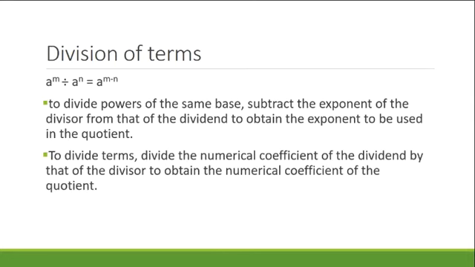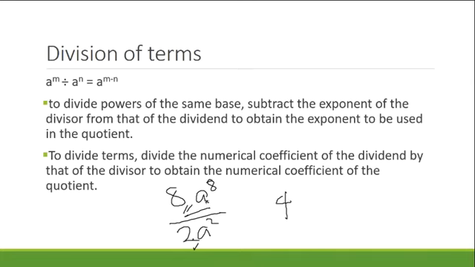Okay? So, to divide terms, divide the numerical coefficient of the dividend by that of the divisor to obtain the numerical coefficient of the quotient. Example, we have 8a raised to 8 divided by 2a raised to 2. So, una muna natin gagawin ay i-divide yung 8 sa 2 o yung numerical coefficient ng divisor at dividend. So, 8 divided by 2 is 4.